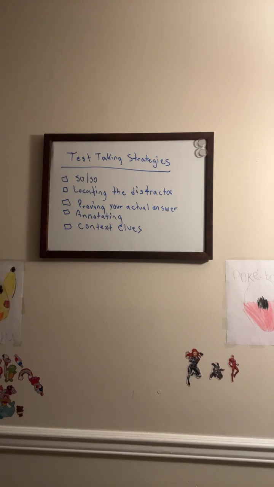Here are some of the test-taking strategies I talked about last week. 50-50. When you have a multiple choice test, eliminate 2 of the 4 answers if there's 4 choices. Locating the distractor. That's that answer that looks like it's the right answer, feels like it's the right answer emotionally, but there's no proof to back it up. And then finding your right answer and proving your actual answer with supportive details. Annotating, which is interacting with your text, making comments, notes, underlining, highlighting words, circling words, using your features online to highlight words, circle words, underline them. All right, context clues, okay?